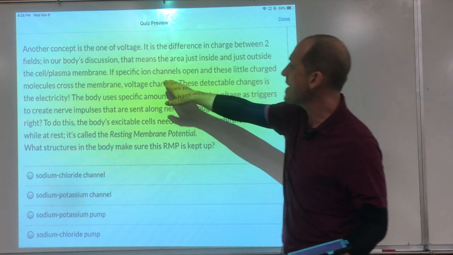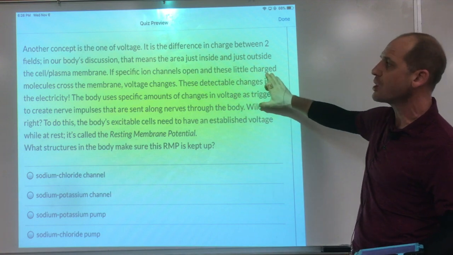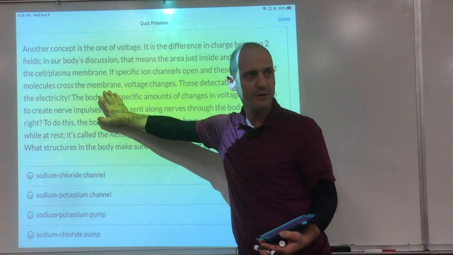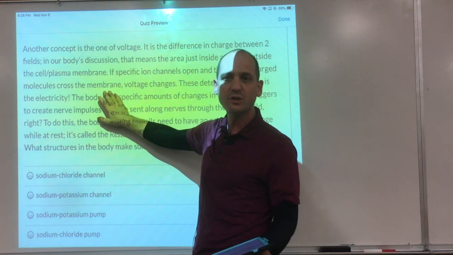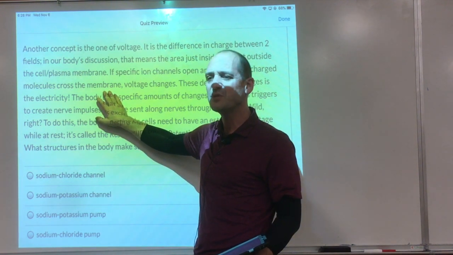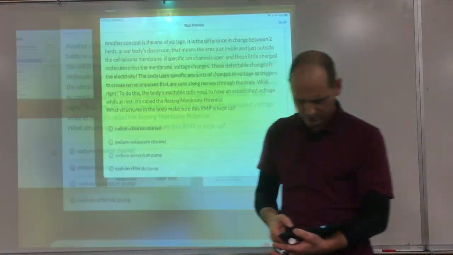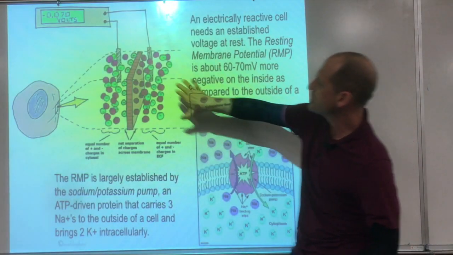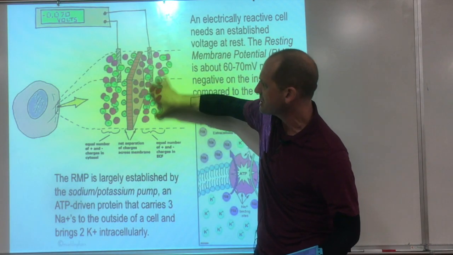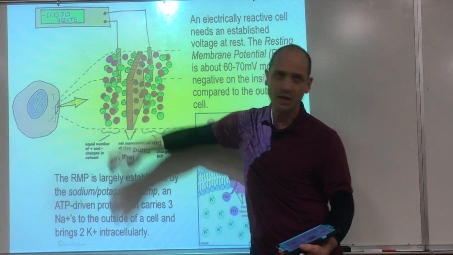If a specific ion channel opens and these little charged molecules cross the membrane, we're going to have a difference in charge between positive and negative between these 2 fields. The 2 fields are just outside the cell membrane and just inside of the cell membrane.